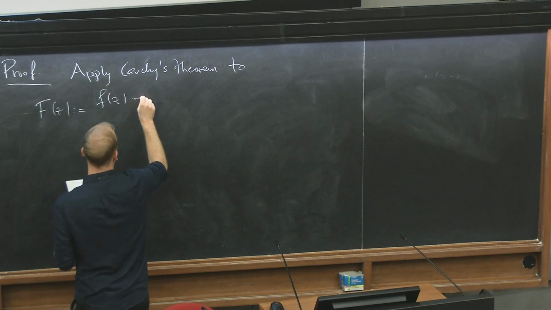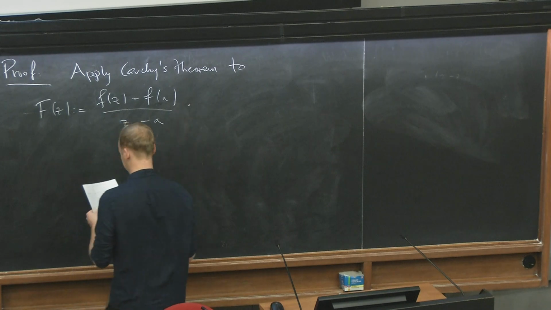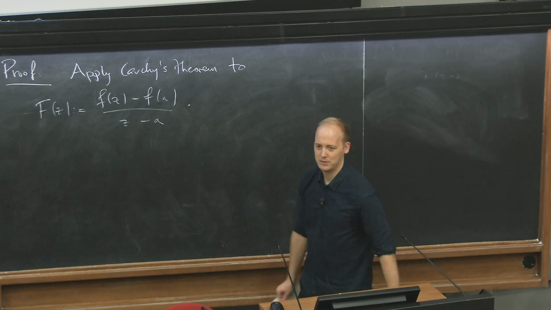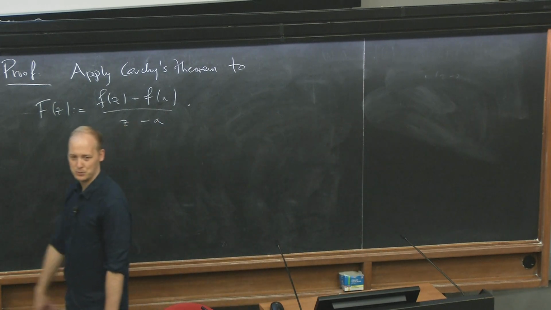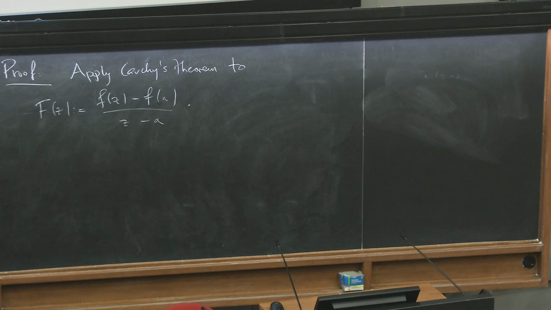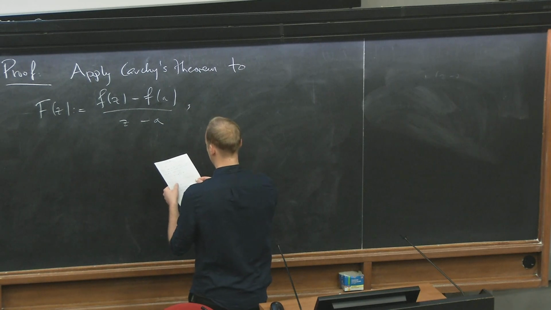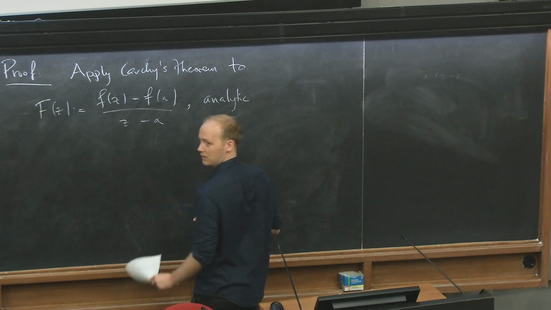f of z minus f of a divided by z minus a. So for some reason, we tend to often look at this function when we prove this kind of theorems, this difference quotient, which is supposed to then have as a limit the derivative at this point. Okay, so we look at this function, which, I mean, is it analytic?